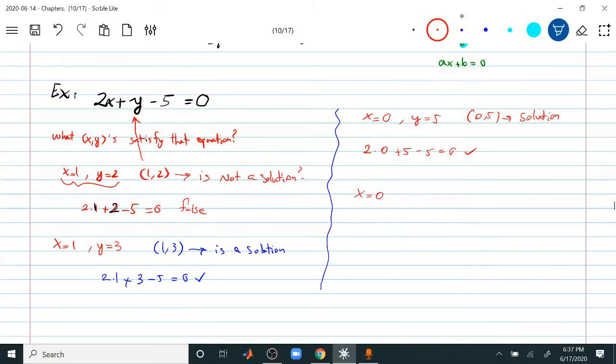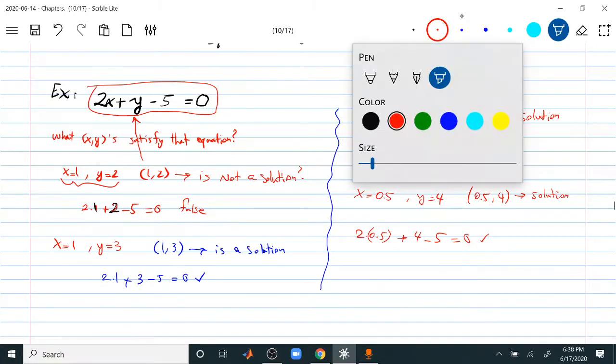X equal 0.5, y equal to 4. You try this point, 0.5 and 4. You'll get 2 times 0.5 plus 4. Again, I'm replacing it all into this equation to see if that really satisfies the equation, equal to 0. And you'll see this is a true statement, therefore this is a solution. And you will see that there are infinitely many solutions.